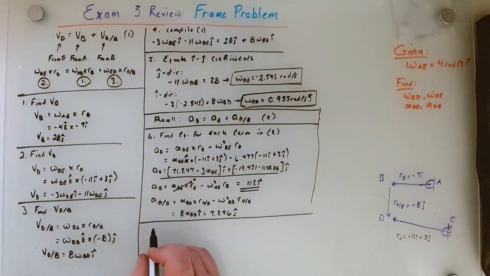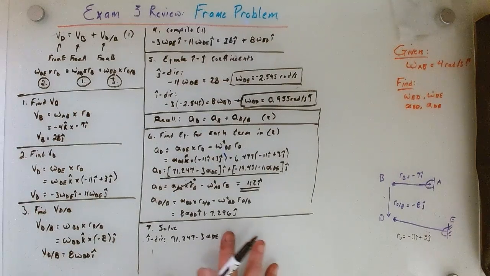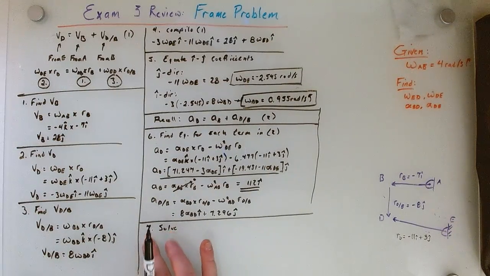All right, so we have I direction, that gives us 71.247 minus 3 alpha DE. I guess I should have looked, let's do the J direction first, because there's an I here that has something attached to it, so we're going to end up with one equation and two unknowns.